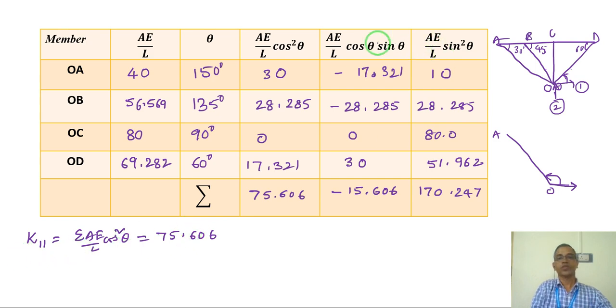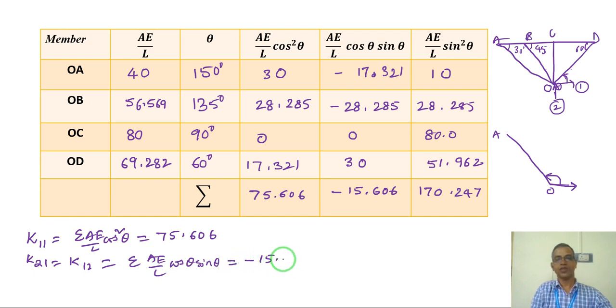Then this sin theta cos theta is K12 or K21. K21 is also equal to K12, which is a summation of AE by L cos theta sin theta, which is equal to minus 15.606.